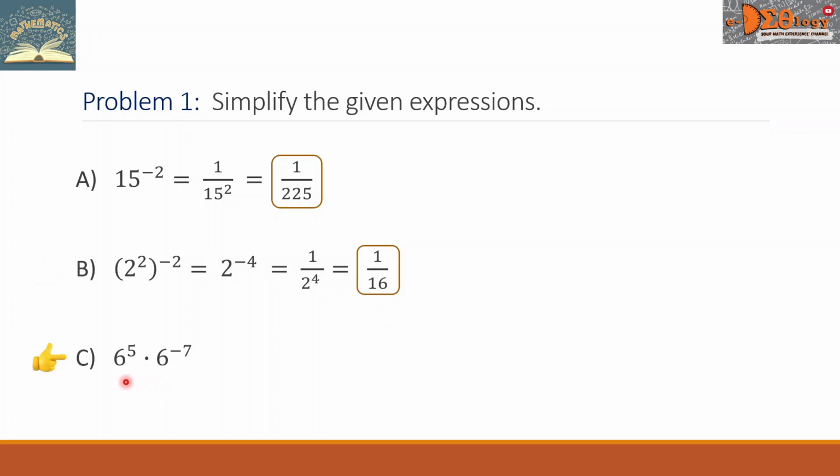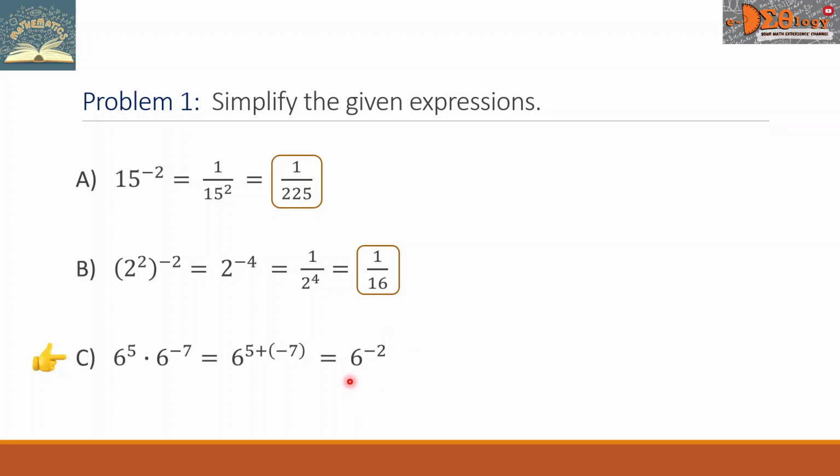Problem C. 6 raised to 5 times 6 raised to negative 7. We're going to multiply exponents with the same base. So that means we're going to add the exponents. So that will be 6 raised to 5 plus negative 7. 5 plus negative 7 is negative 2.